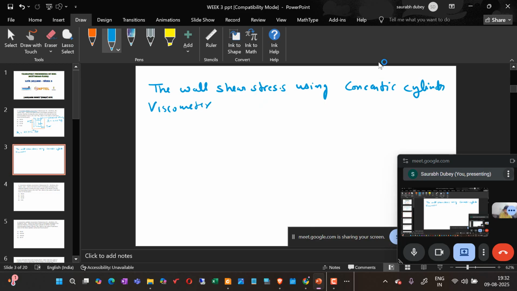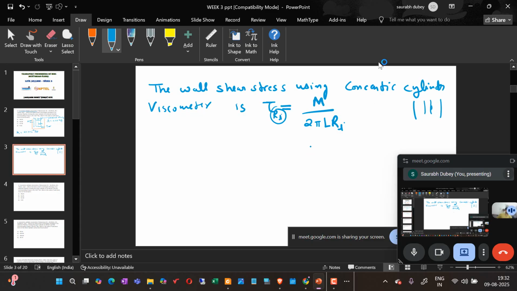It is given by tau ri, or sometimes you can write it as tau r theta. So that tau is given by the torque M divided by 2 pi L into r squared. This is acting at the ri distance, which is the inner cylinder. Here at this wall it is acting, right?